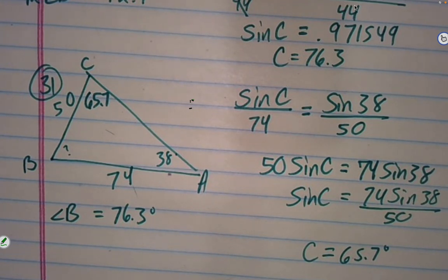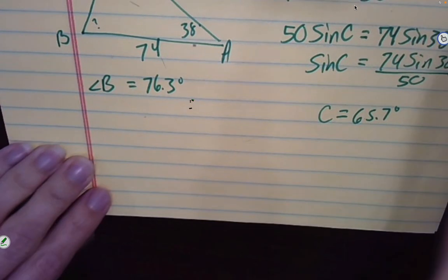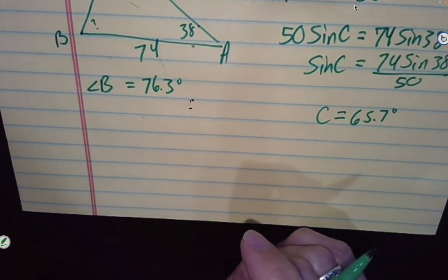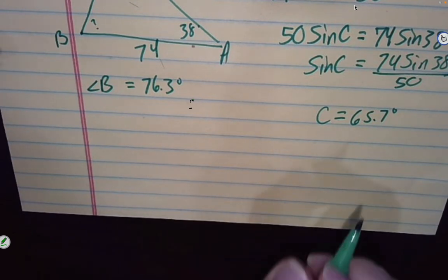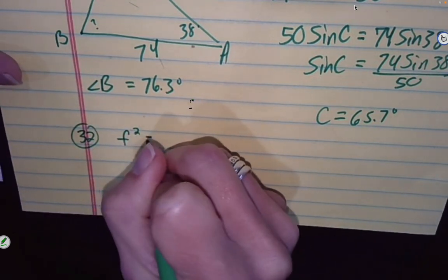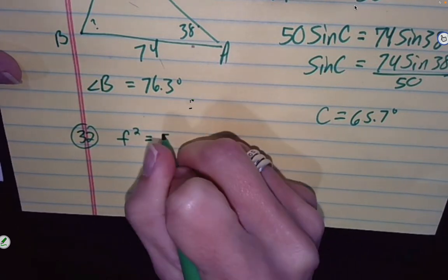Okay. All right, now number 32, law of cosines. So I'm not going to draw a picture. You'll just kind of have to look for your formula. On this one, it's trying to find the measure of f. That's a side because it's lowercase f. So I know I've got f squared. What goes on the other side are my other two lowercase letters.